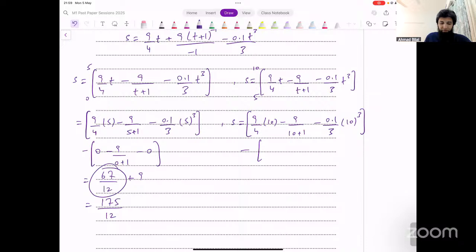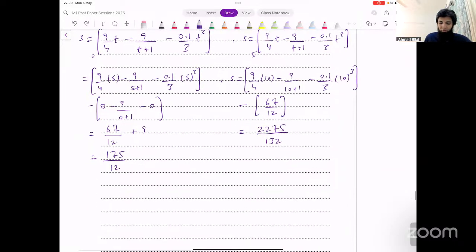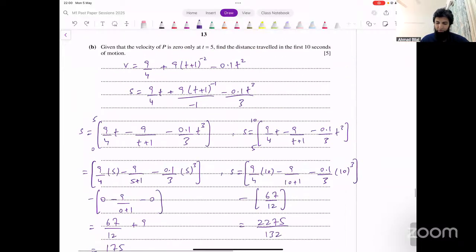You can just write that directly. That's 67 over 12. And figure out what this gives you. 2275 over 132. Okay, that's the displacement for the second part of the journey. Now we just add them up together. They're both positive.